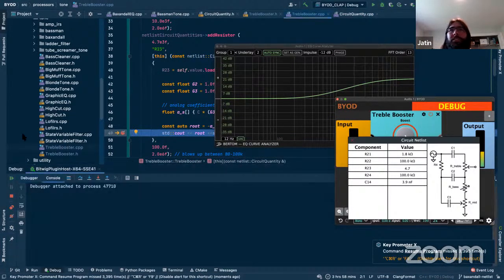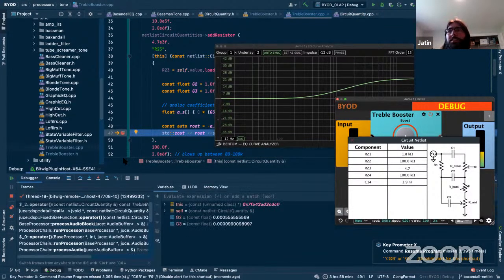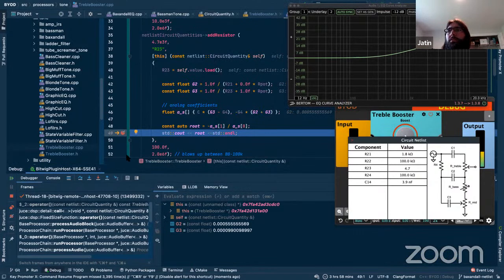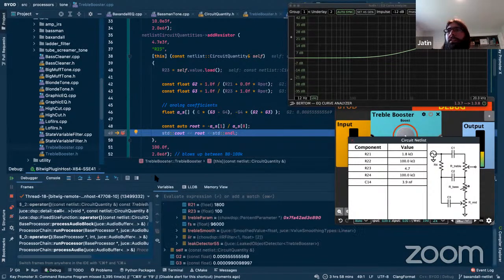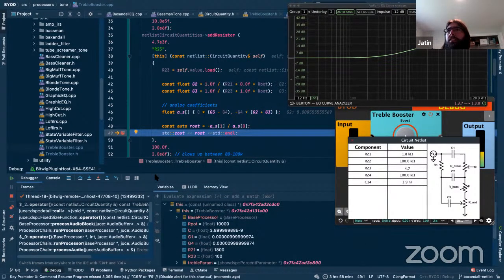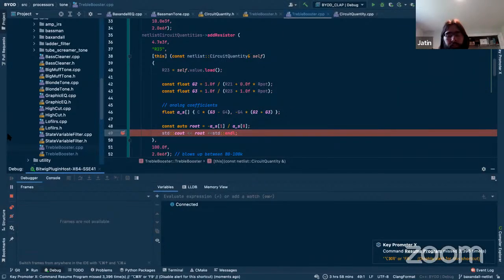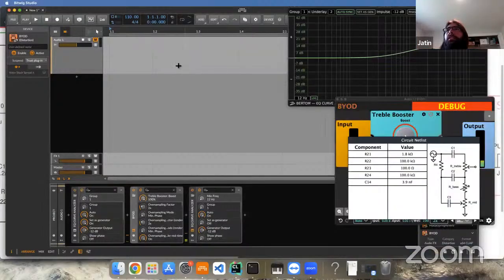So let's see. Huh. For some reason, I can't actually see the A's. What's up with that? Huh, why won't it give me the A values? Whatever. Anyway, I don't really care because I got the wrong values in there anyway.